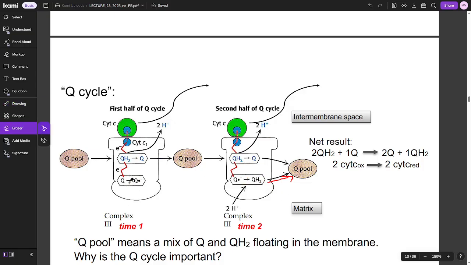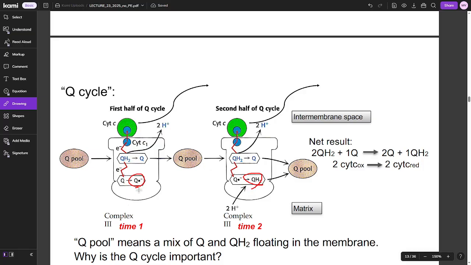Let me try to rephrase that in a better way. We have our Q pool with electrons, and the QH2 has a couple electrons. One of the electrons is going to go up to cytochrome c, and the other one's going to go down to Q to make this Q radical. The next round, another Q is going to come in, and that Q is going to donate one of its electrons to cytochrome c, and the other one's going to go down to the Q radical here, and it's going to make this QH2.